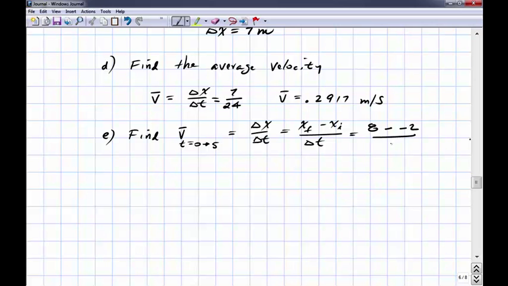And of course the time now spans 0 through 5, so the time for this particular part of the problem equals 5 seconds. And so we end up with 10 in the numerator and 5 in the denominator. Our average velocity for this time frame equals 2 meters per second.